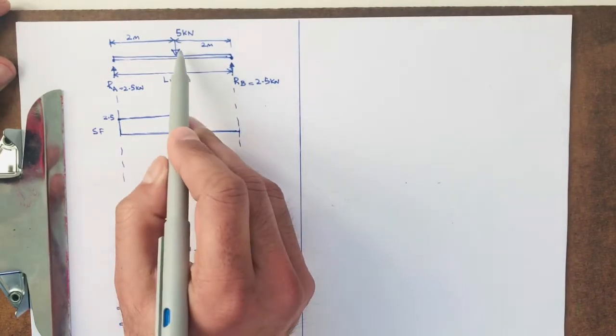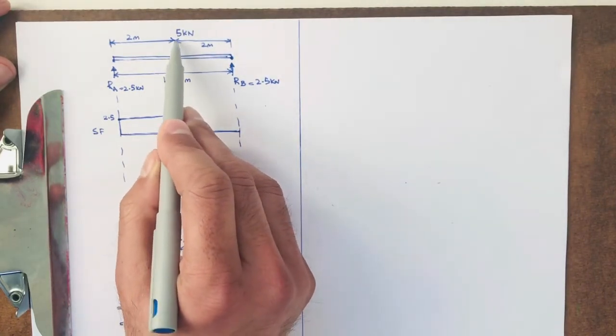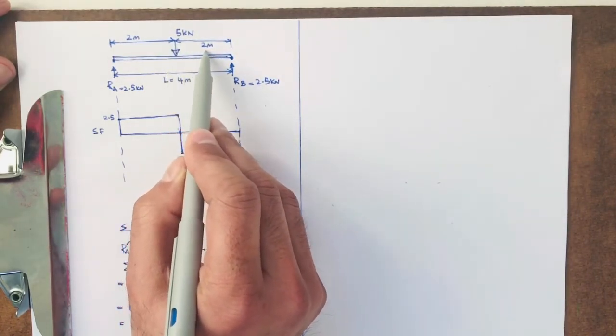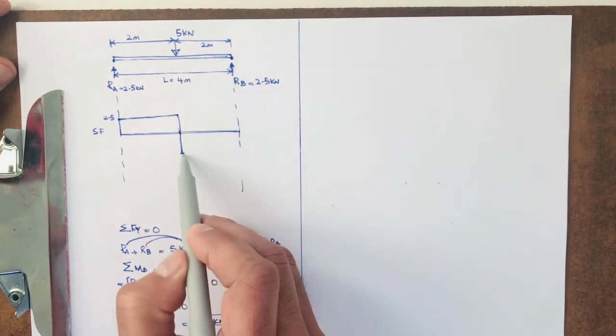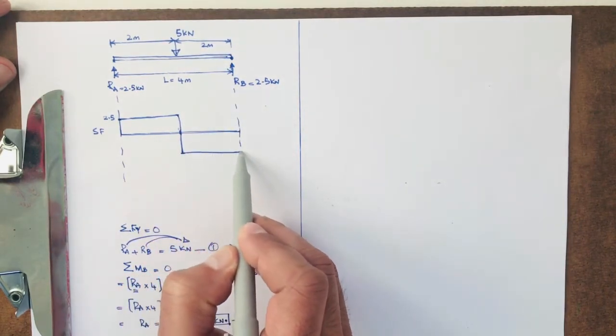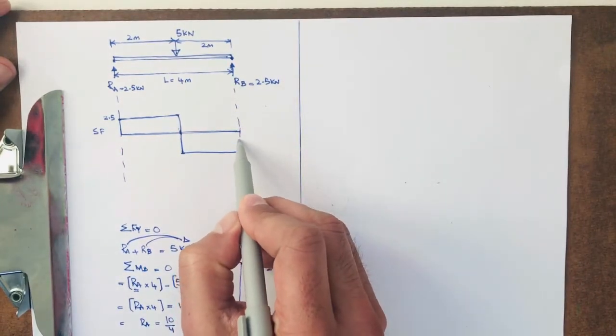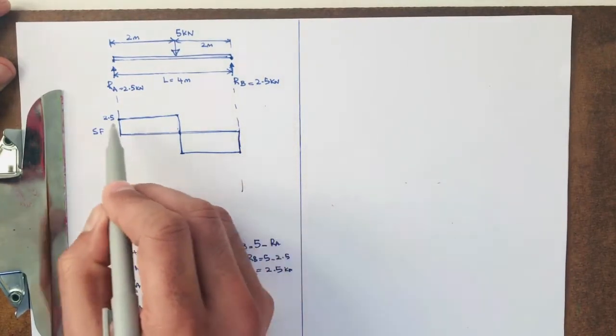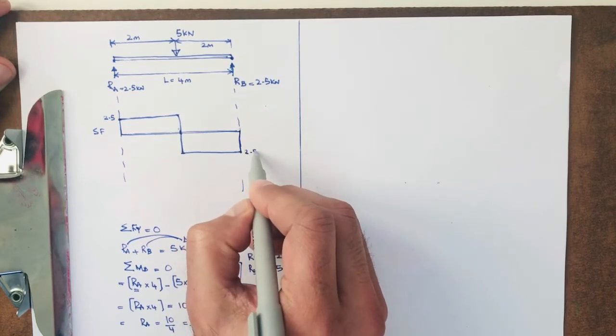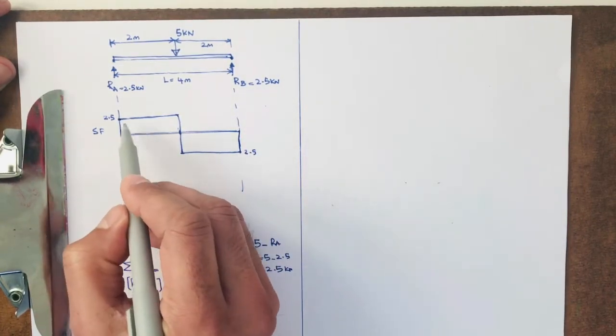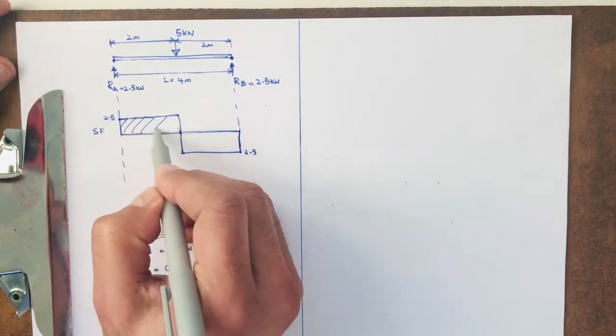And further down, past this 5 kilonewton, there's no load on the beam, so this will go straight to the end, and from RB, which is pushing the beam up, the reaction here, it closes the loop. So this is 2.5. Now we have drawn the shear force diagram.